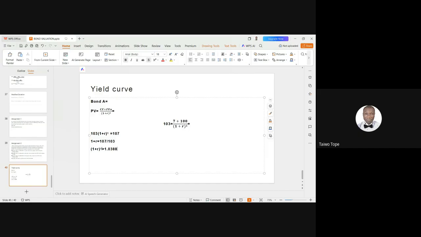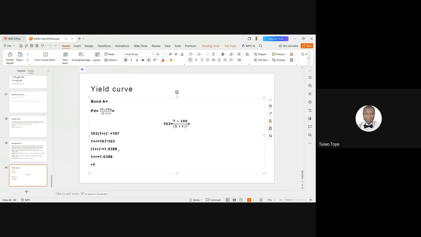So since this is raised to the power of 1, 1 cancels 1, and you have 1 plus R equal to 1.0388. So what will be the value of R?